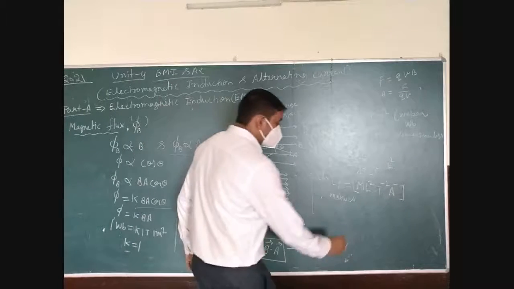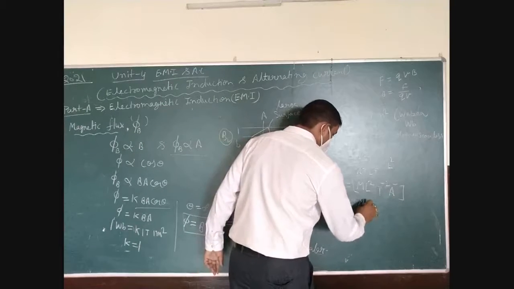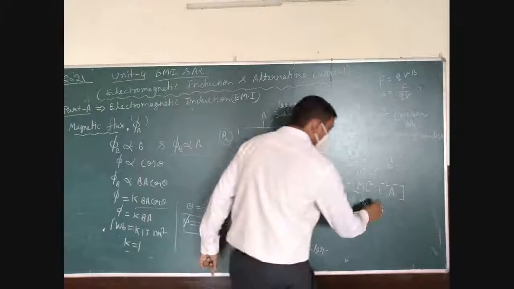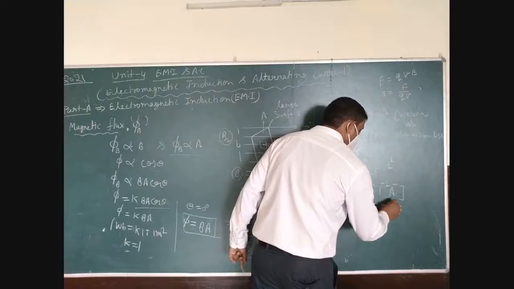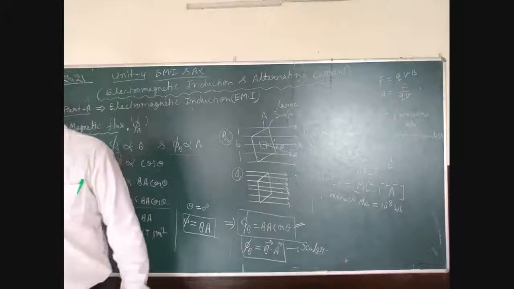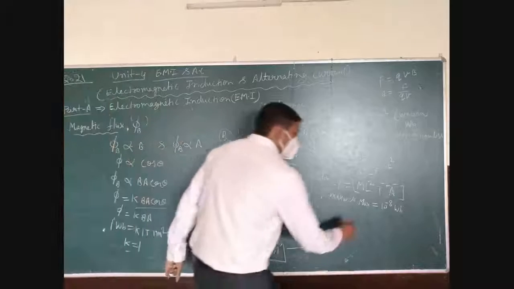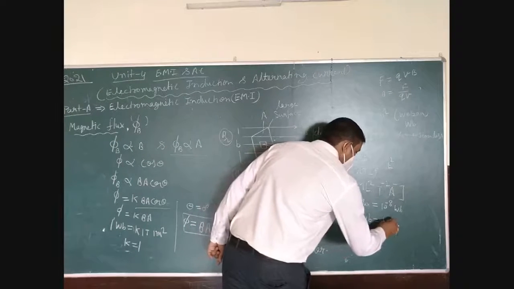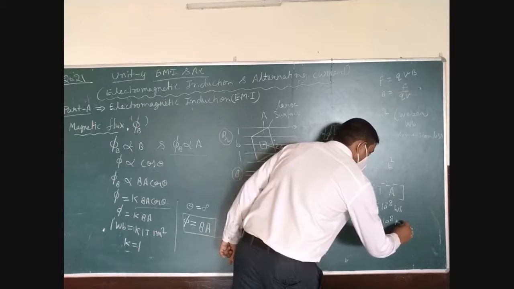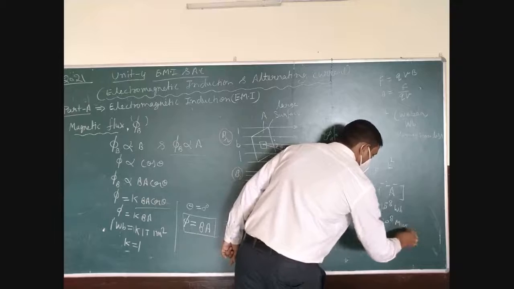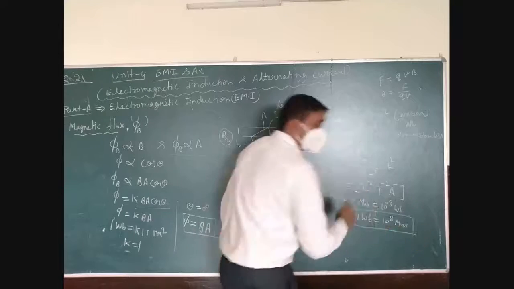It is given by Mx, and it is equal to 10 to the power minus 8 Weber. So you can say 1 Weber is equal to 10 to the power 8 Maxwell.